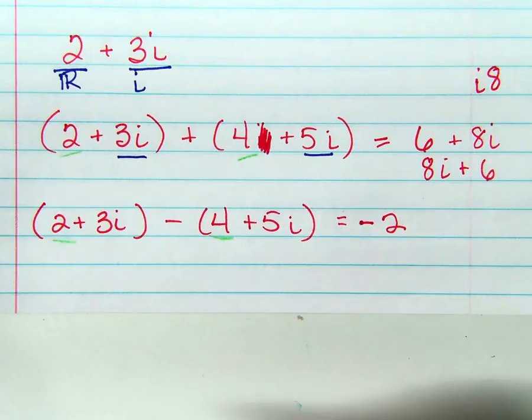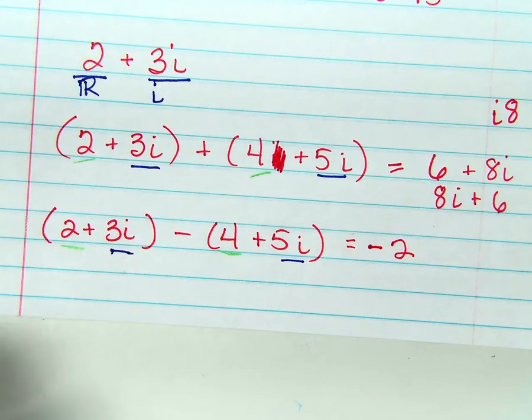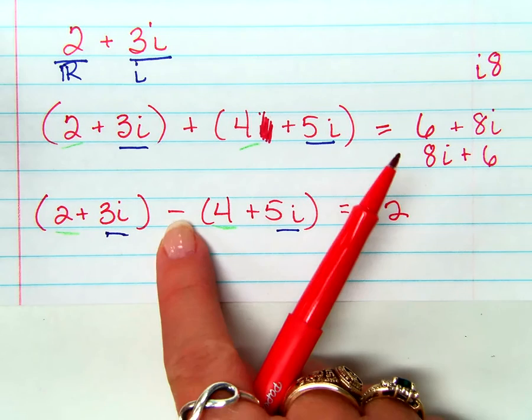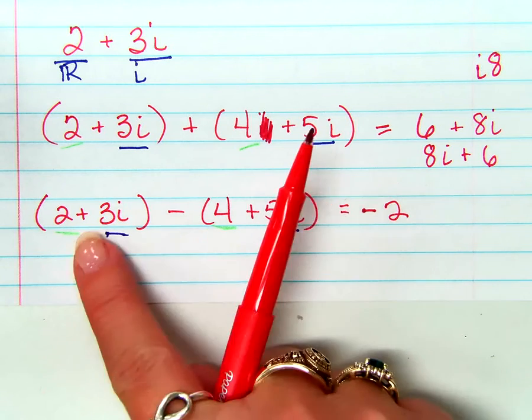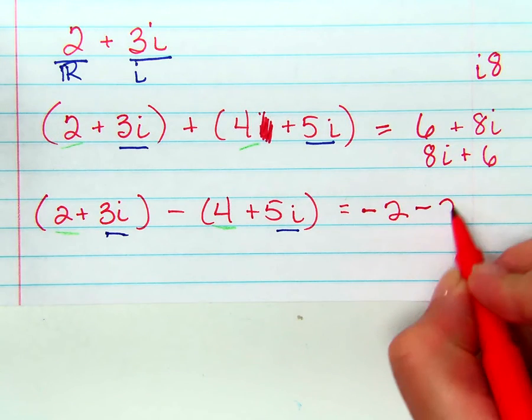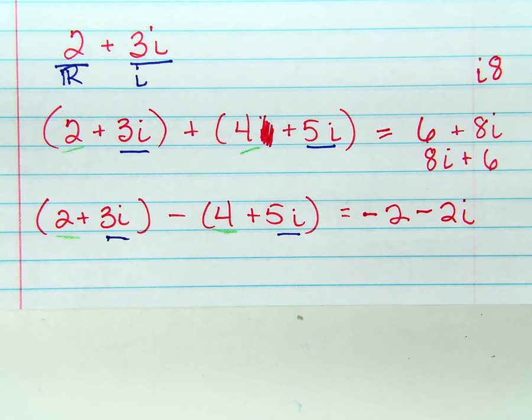So what about this one? 3i and 5i. Isn't that still just 8i? Oh, no? Why not? Oh, we're subtracting. What is 3i minus 5i? -2i. Any questions about that?